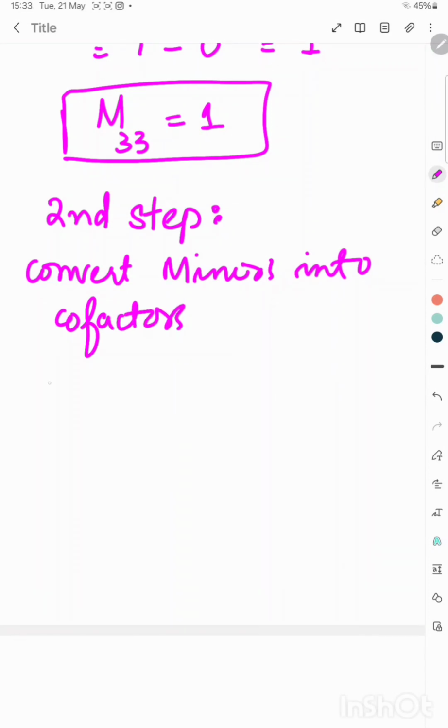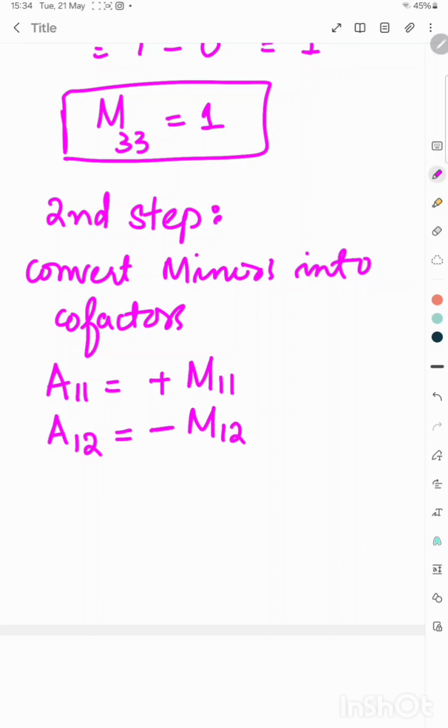So here the first cofactor, which is A11, will be equal to the first minor, but the first minor will be positive. Then the second cofactor, which is A12, will be equal to minus M12. Okay. Then the third cofactor, which is A13, will be equal to minor M13, but it will again be positive.